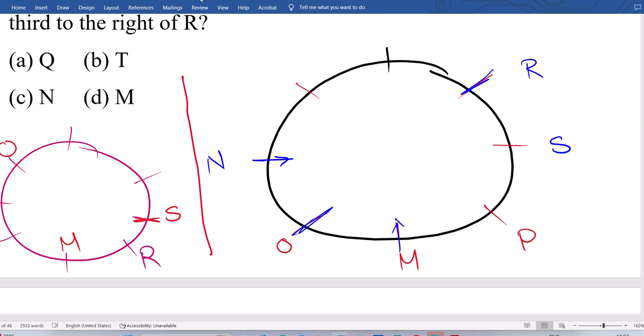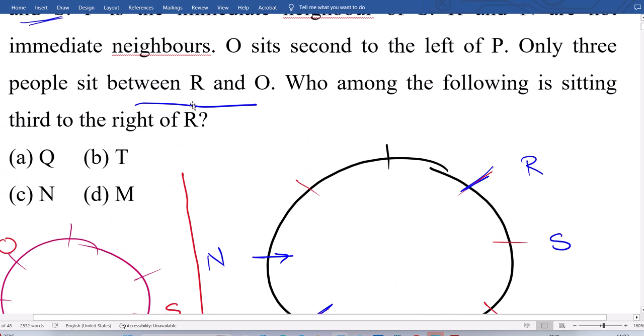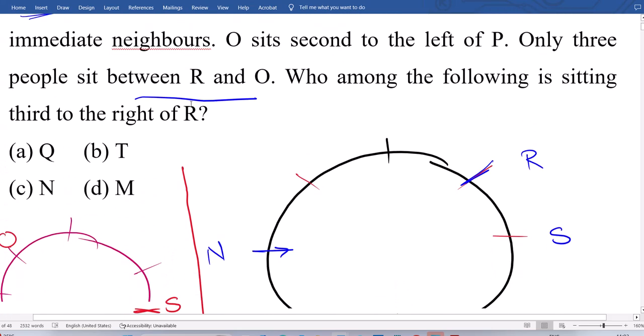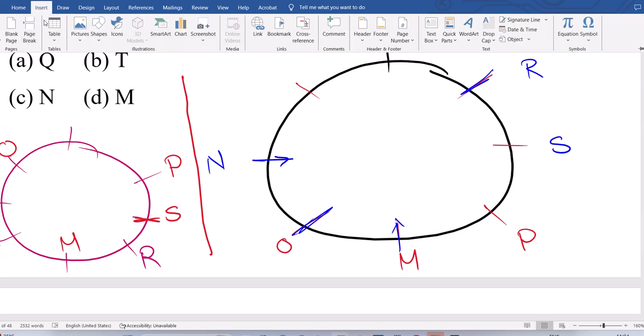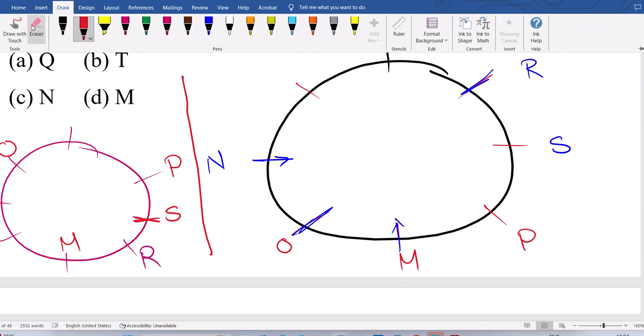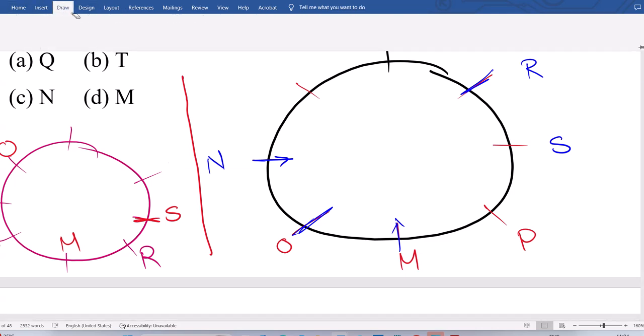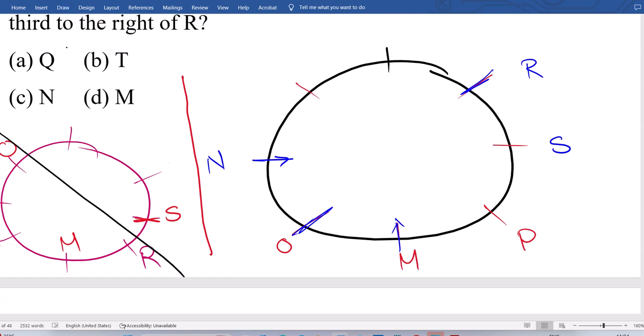Next, we can eliminate with the two leftover statements. P is an immediate neighbor of S. Here also P is an immediate neighbor of S. Sorry, wait. This is eliminated because P is not an immediate neighbor of S. I'm trying R in two places.